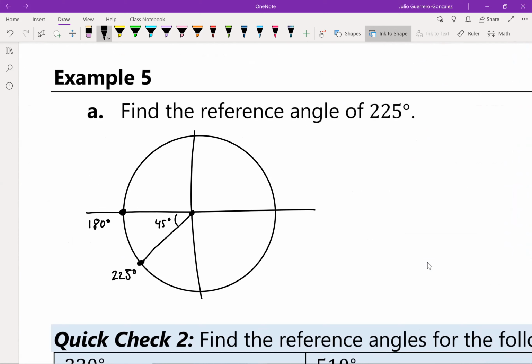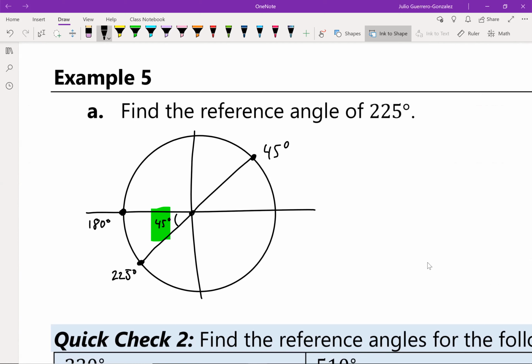Therein lies what's called our reference angle. We are going to reference the values for 45 degrees.